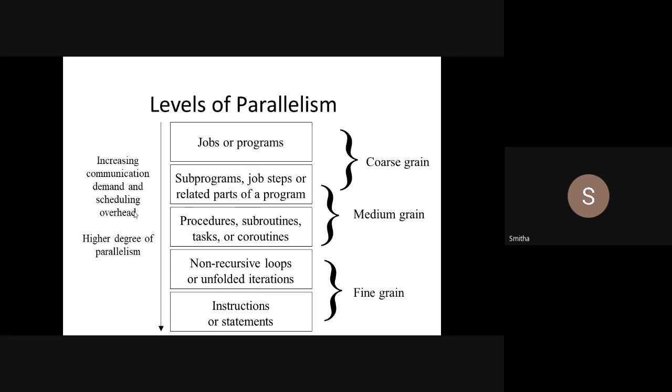So the finer the size of the grain, we will have a high degree of parallelism. At the same time, we will have increasing communication latency also. That is the disadvantage. But the degree of parallelism will be high. Got it, students? So this is a brief description of levels of parallelism.